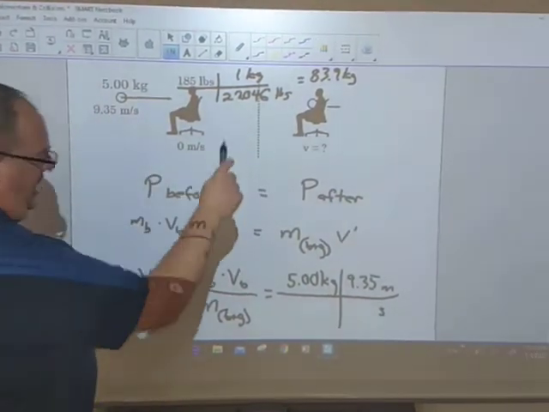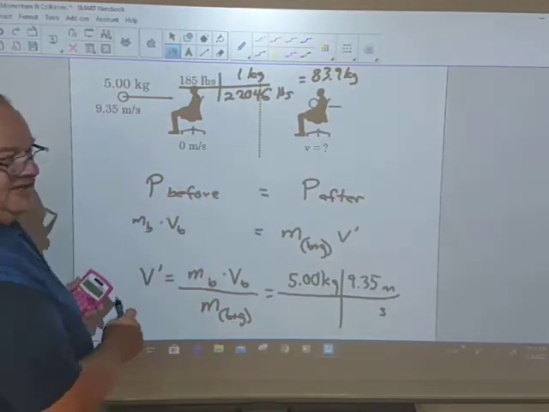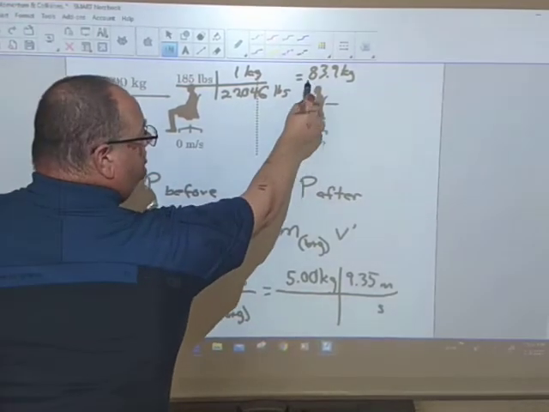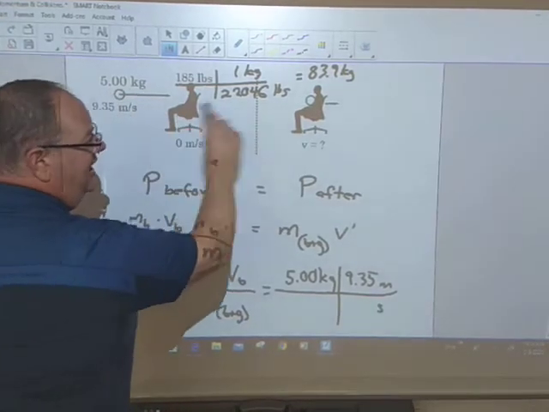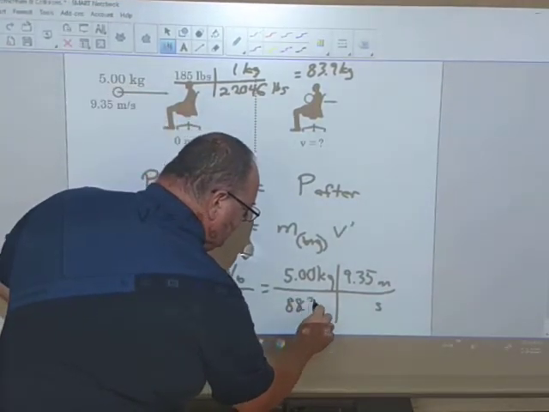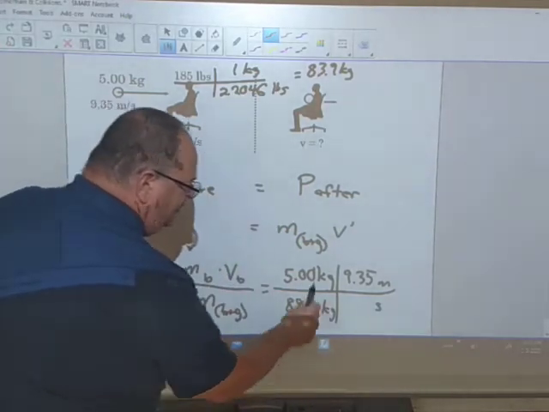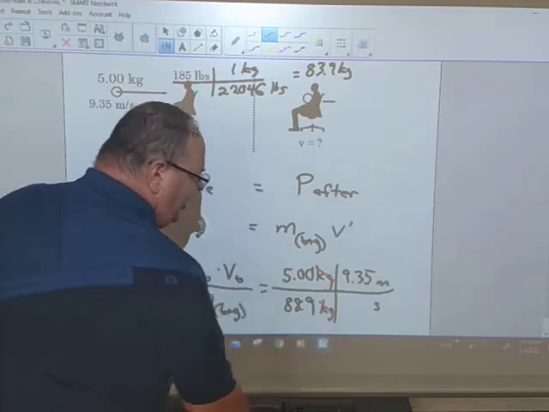So the mass of the guy plus the ball is going to be 88.9. So 83.9 plus 5 is 88.9 kilograms. Looking at labels, kilograms are going to cross off.